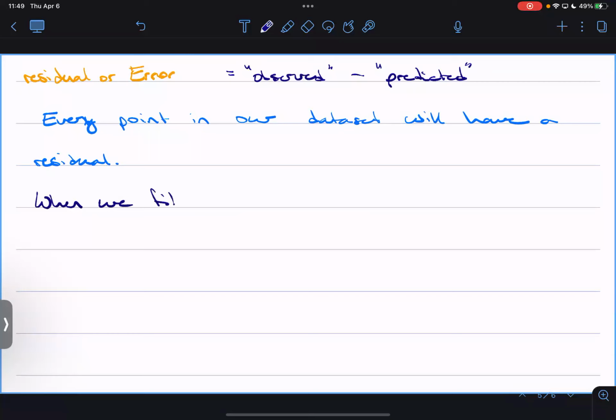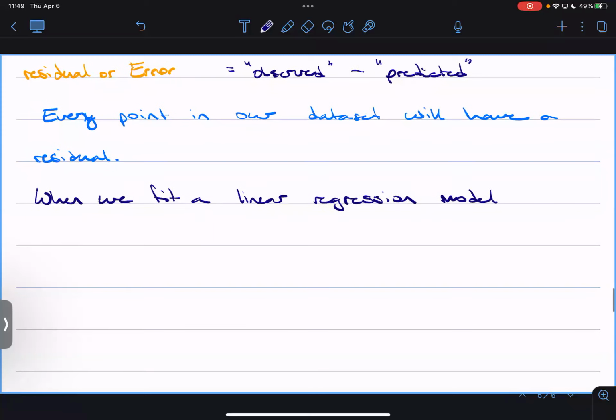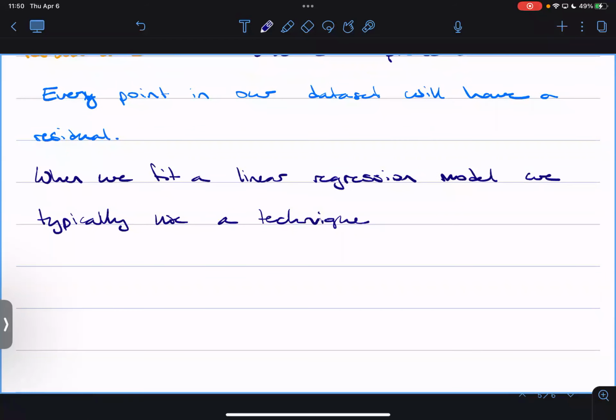When we fit a line, or when we fit a linear regression model, let's get fancy. We typically, and this is across the board, it would be weird to use anything else, use a technique called least squares regression.